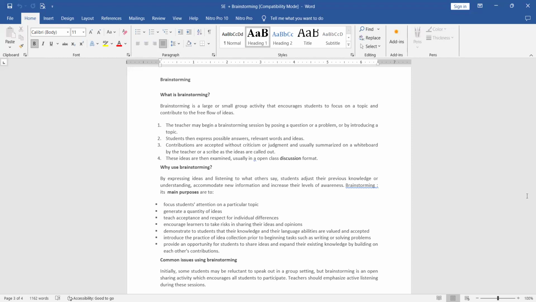Free flow of ideas. So without any monitoring, without any thinking about whether this is right or wrong, whatever comes to their mind about the topic, it should freely flow, right? It should flow freely.